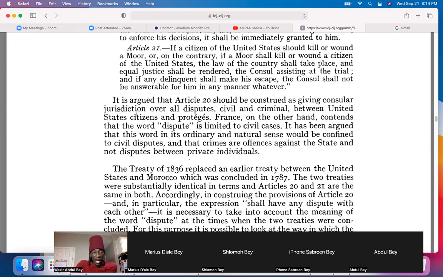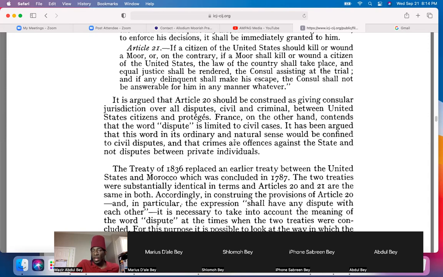It is argued that Article 20 should be construed as giving consular jurisdiction over all disputes, civil and criminal, between United States citizens and proteges. Let me read that again. It is argued that Article 20 should be construed as giving consular jurisdiction over all disputes, civil and criminal, between United States citizens and proteges.